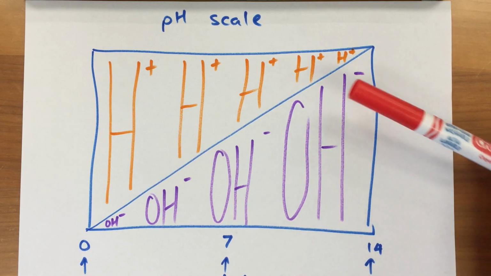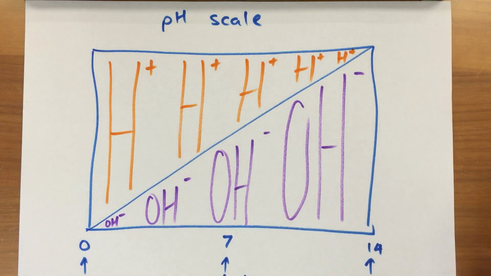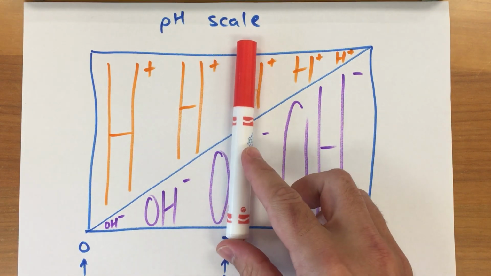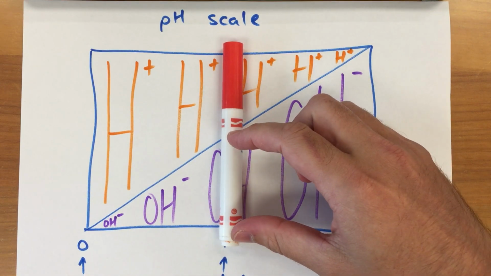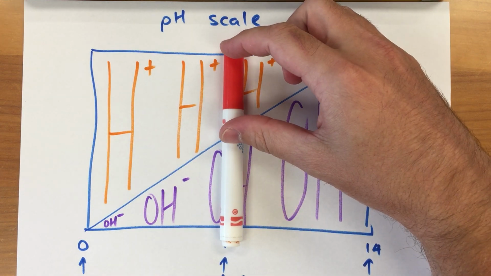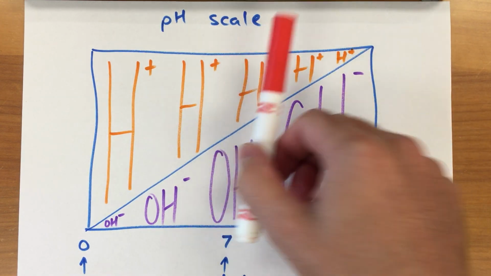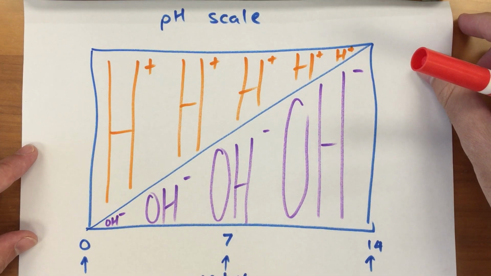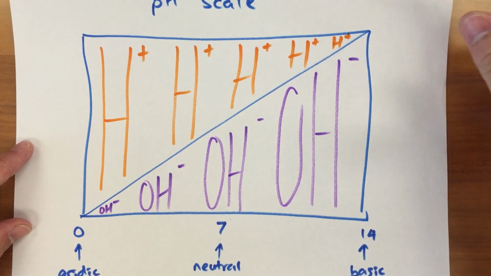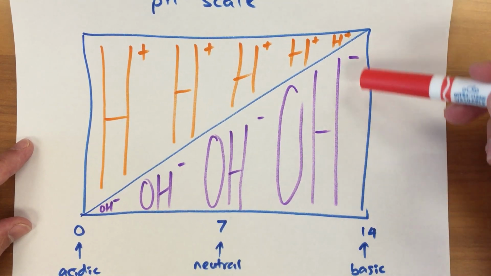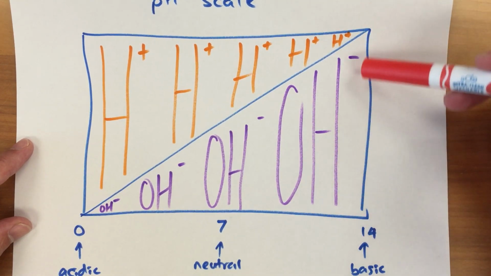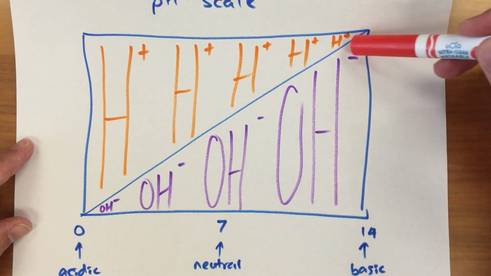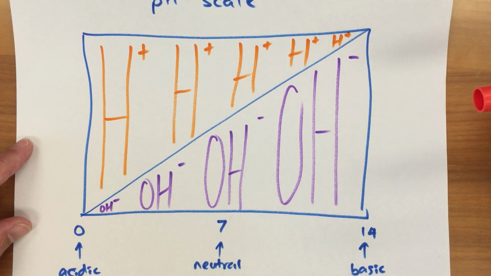Now what we can see here is the approximate ratio of ions to each other. So let's have a look first of all at pH 7, about there. You can see that at pH 7 we have the same amount of OH- as H+. That's because those two ions are equal in concentration in a neutral solution at pH 7. You can see here on the right hand side at pH 14, when we're in a basic solution like this, it is all OH- with a tiny little bit of H+ there.